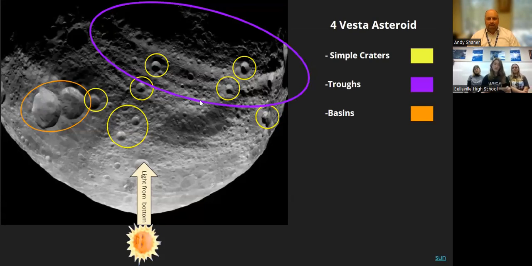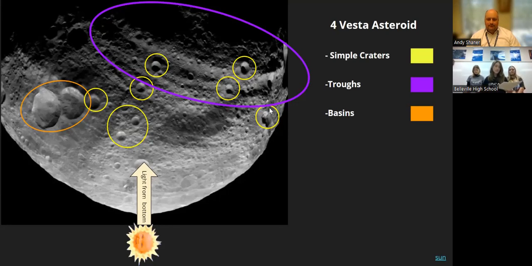The troughs, you can tell are very old formations because they're covered in a lot of craters and their features are rounded, which indicates that they've been eroded over the years. And then the crust is likely older than the rest of the features found on the asteroid. It was probably formed during the formation and accretion of the asteroid.